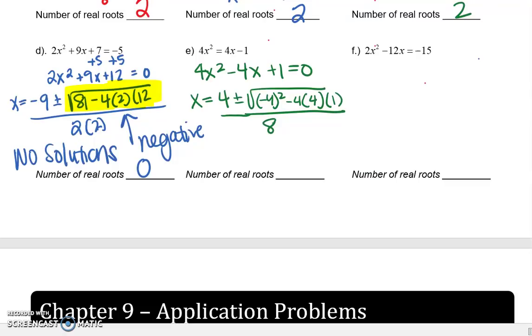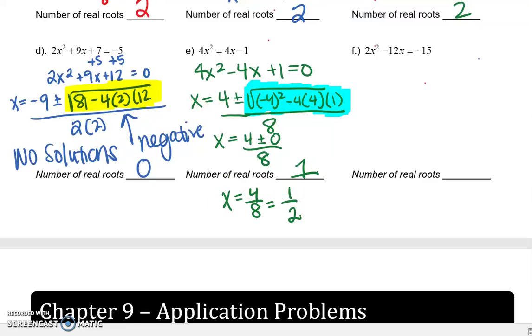Use your calculator to plug in this part, the square root of all of that. You have x equals 4 plus or minus 0 is what you should get there, divided by 8. So since that's 0, I'm only going to have one real root, and that real root is 4/8, which simplifies down to 1/2.